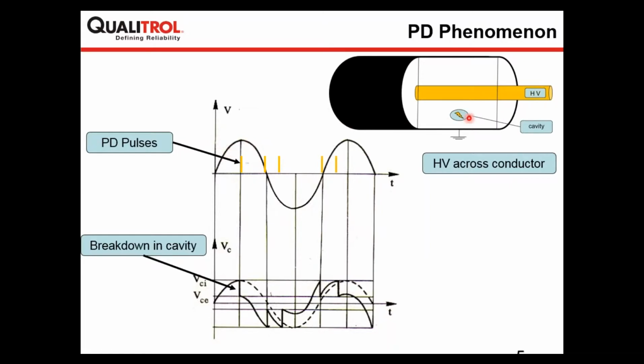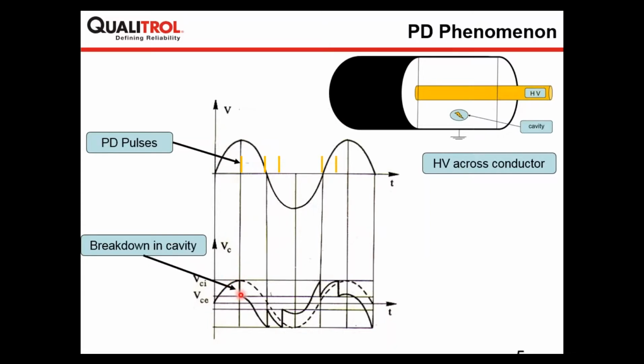Because we now have an impurity or non-uniformity in the cable insulation, this type of defect will have its own breakdown strength. As voltage builds up on the cavity, it may discharge at a certain inception voltage.